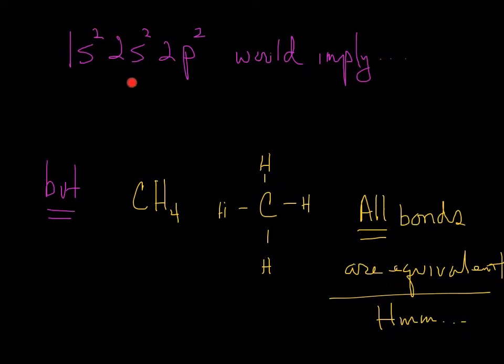I've got 2s2, 2p2, so these bonds should be different. But here's the bizarre thing: all of the bonds are equivalent, meaning they're all the same length and they all contain the same amount of energy. How can that be?